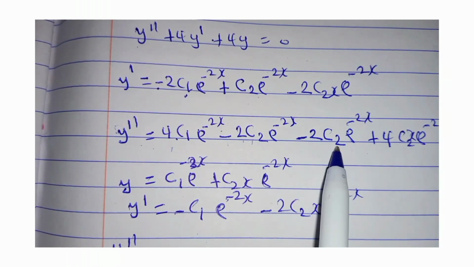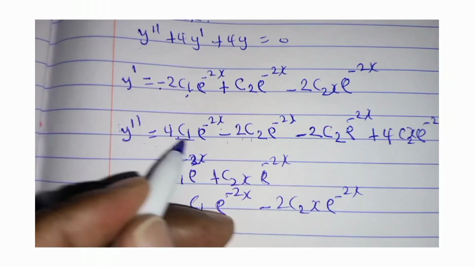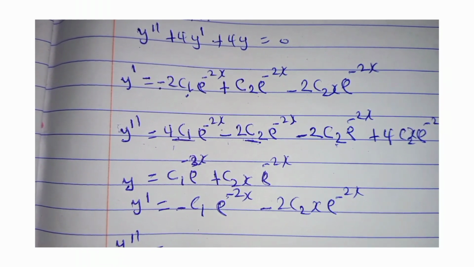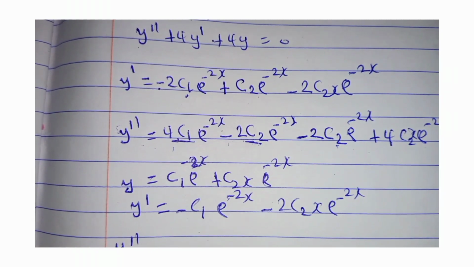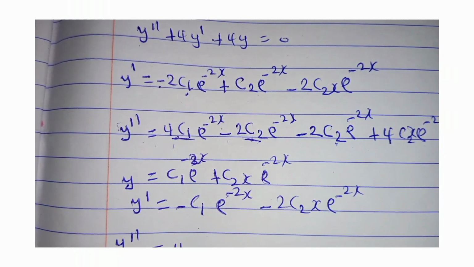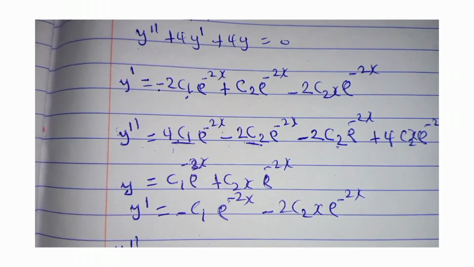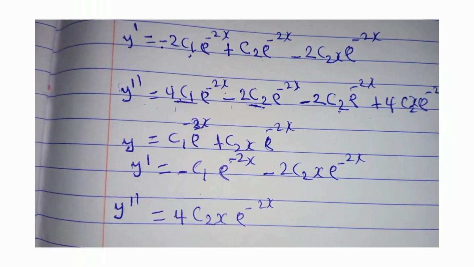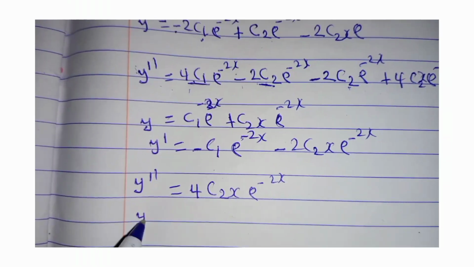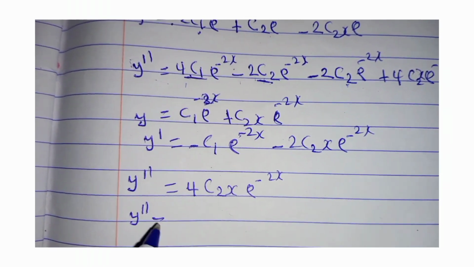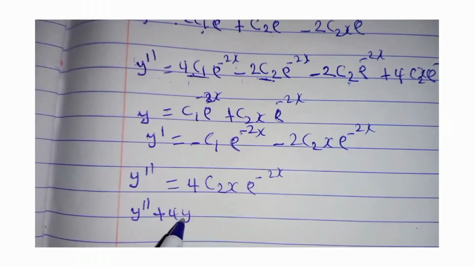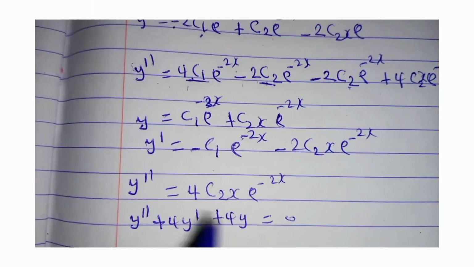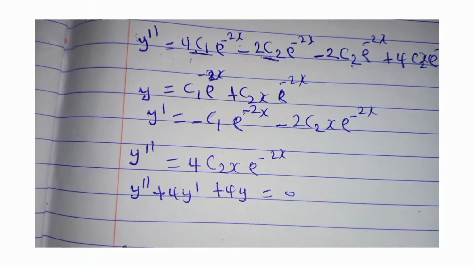So y double prime will give you 4c2x exponential negative 2x. So our equation is this: y double prime plus 4y single prime plus 4y, which is equal to 0. So we substitute and see whether we are going to obtain our solution.